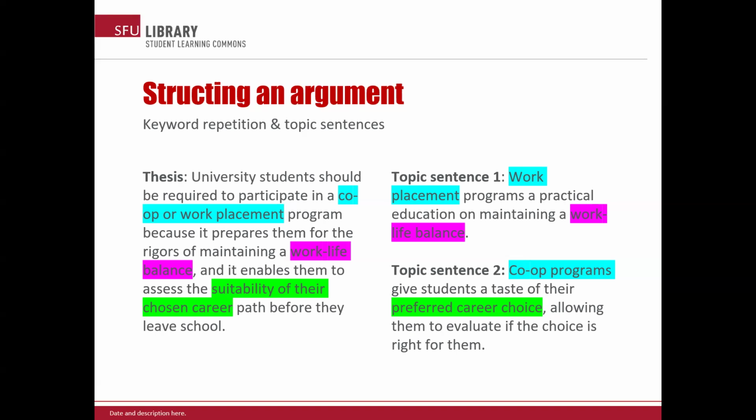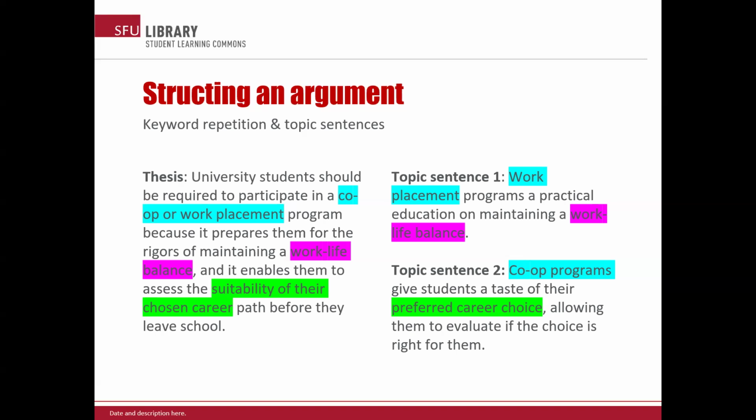So I might start my essay body with a paragraph that explains what co-op or work placement is. There'll be a topic sentence that will include those keywords to forecast the scope of the paragraph and to link back to the thesis. Then I progress into the paragraphs that support my claim, that provide argumentation.